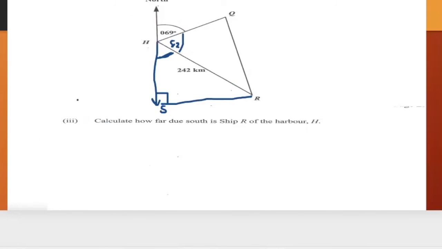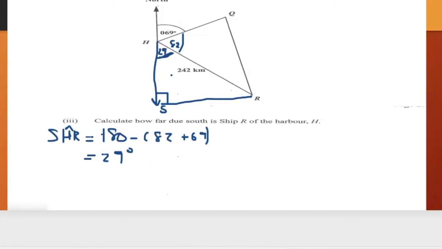Either you see 180 minus 82 plus 69, or 180 minus 151. So to find angle SHR, I will say 180 degrees minus 82 plus 69, because whatever is a missing piece must add up so that I get 180 degrees. So this is 29 degrees.